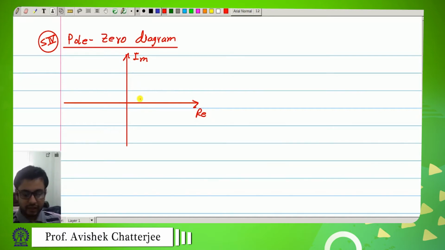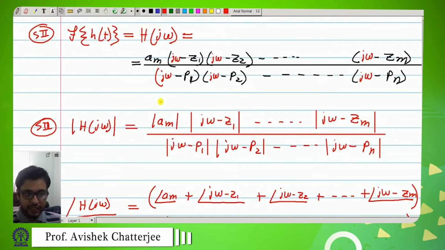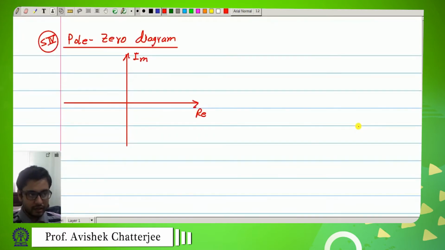So first, these roots of the numerator polynomial, or zeros, we will draw their location on this diagram with the symbol 0, like maybe Z1 is here, maybe Z2 is here, maybe Z3 is here, etc. So we will place them in their proper location.